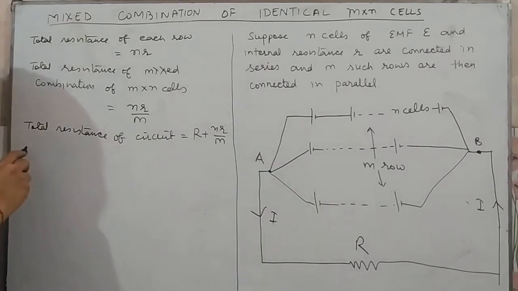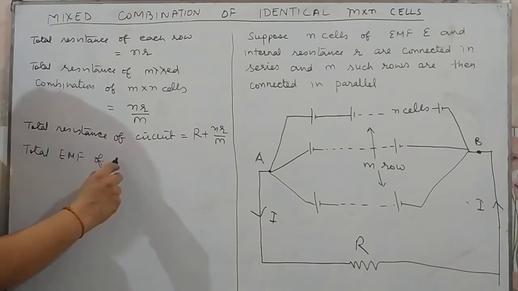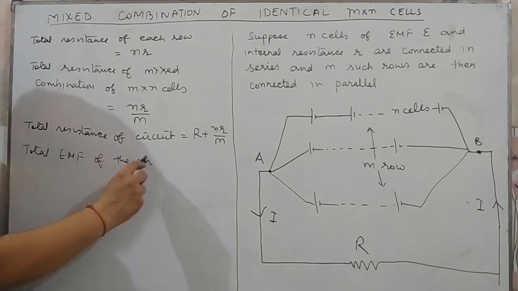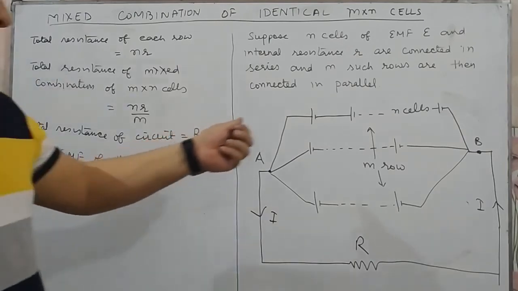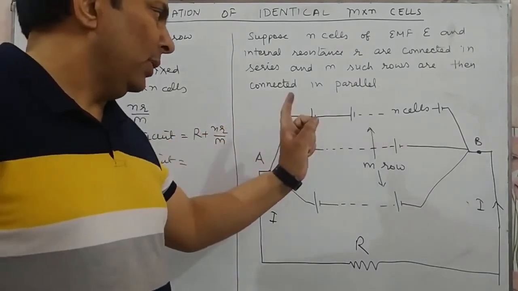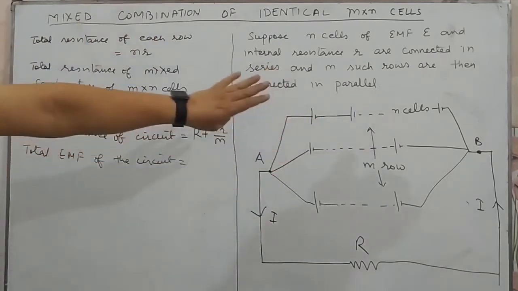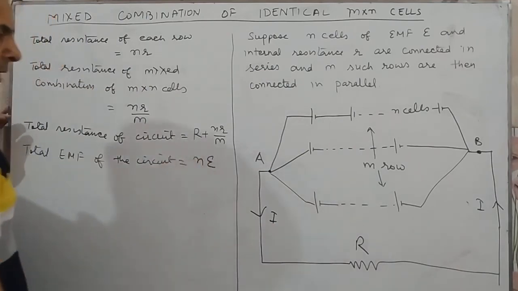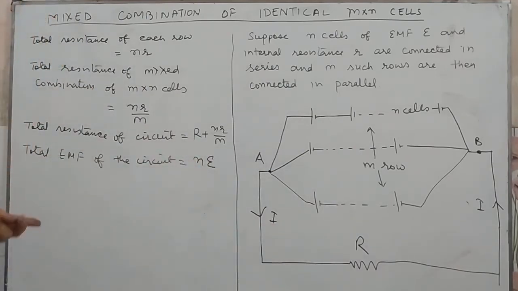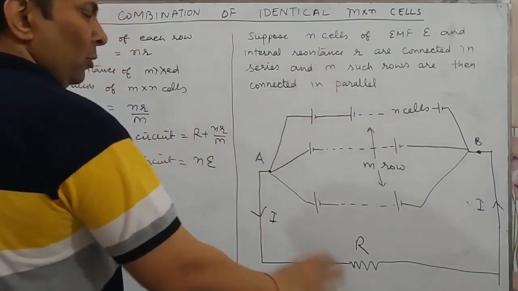Next, the total EMF of the circuit. First we need to find the EMF of one arm, that is n times E, and if the arms are connected in parallel, it remains the same. So this will be equal to nE, because in the previous case we have seen that whatever is the total EMF of one arm is taken for the whole circuit.